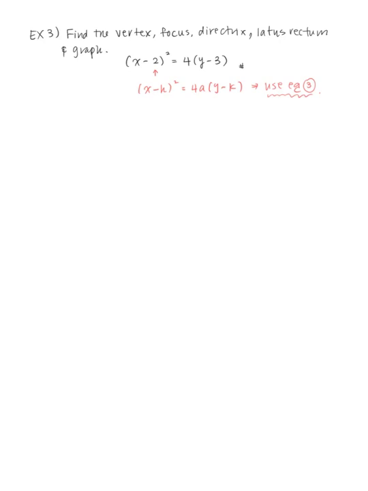Now let's write down our formula for the vertex. It is h comma k, so in this case we're going to have 2 comma 3. Now the next one is the focus. The formula is h comma k plus a. So now we're going to have to find the value of a.